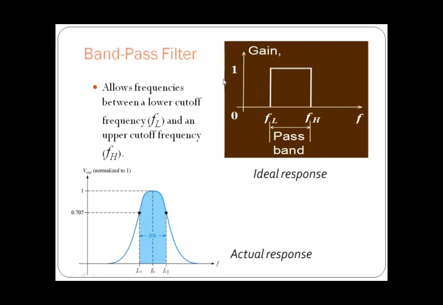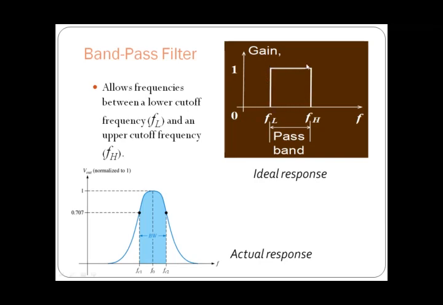So the next filter is a band pass filter. In case of band pass filter, here you can observe the ideal response of the band pass filter, in which it allows only the frequencies between FL and FH, and it rejects all other frequencies.